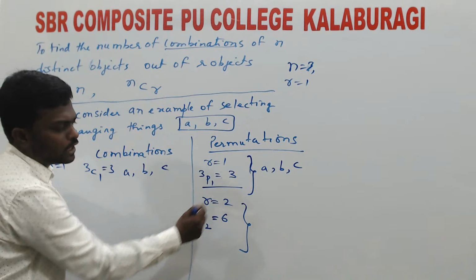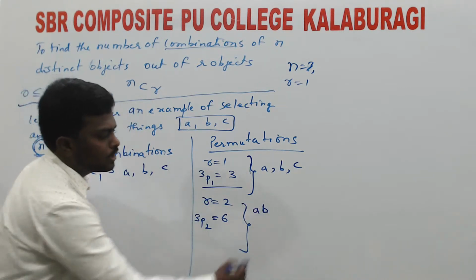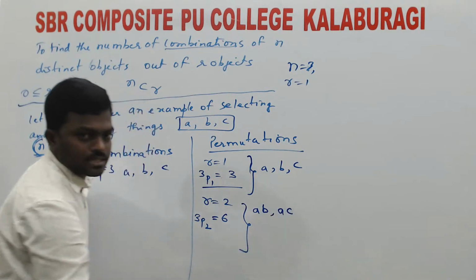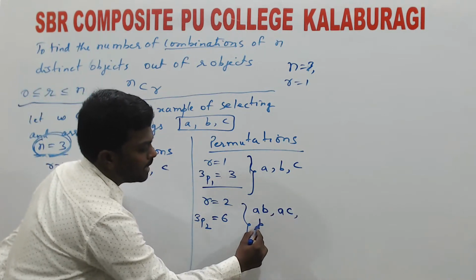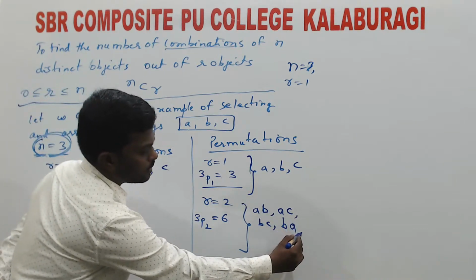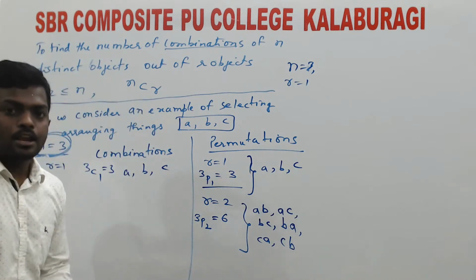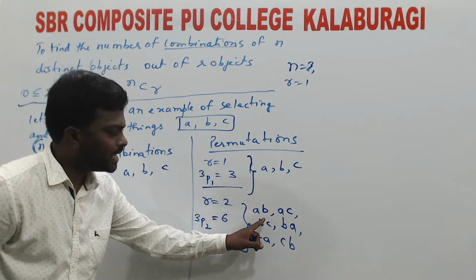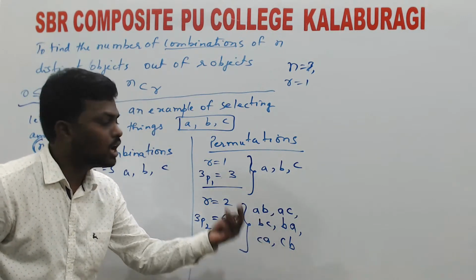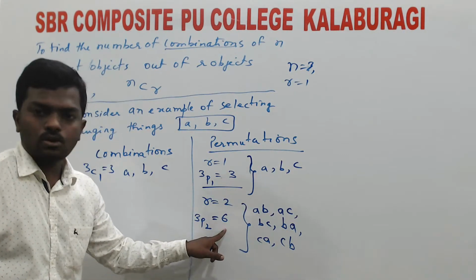Taking two at a time: AB, AC, BC, or BA, CA, CB. So how many arrangements can you make when taking two at a time? 6 arrangements. 3P2 is equal to 6.